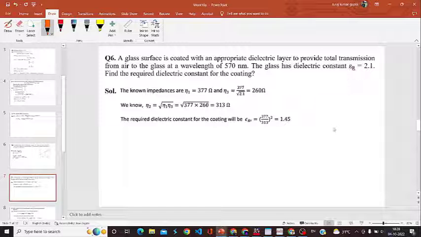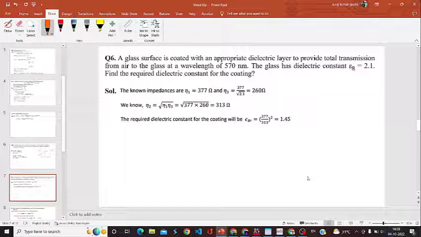This problem we can easily understand by using the transmission line. So here we can consider the glass as one kind of transmission line, air as another kind of transmission line, whereas the dielectric coating that we will provide in between the glass and the air is a third kind of transmission line.